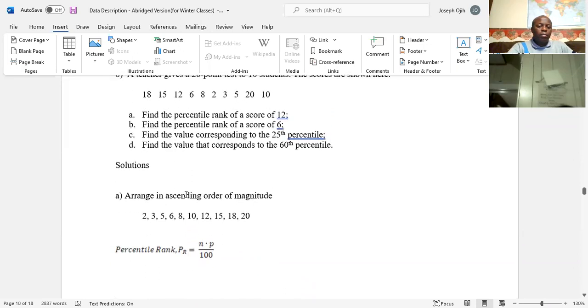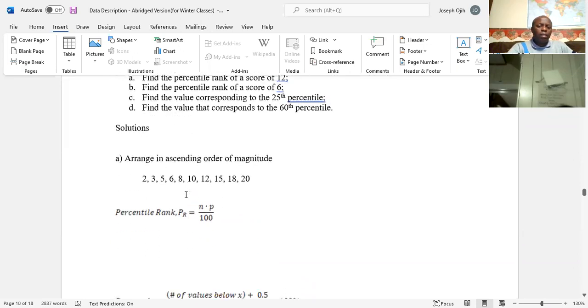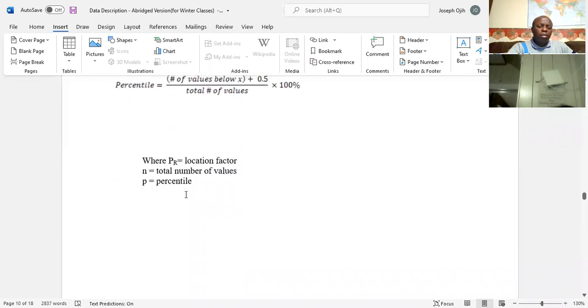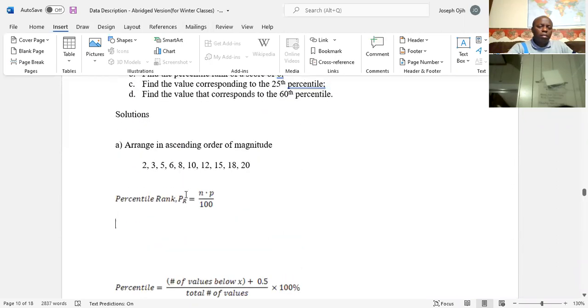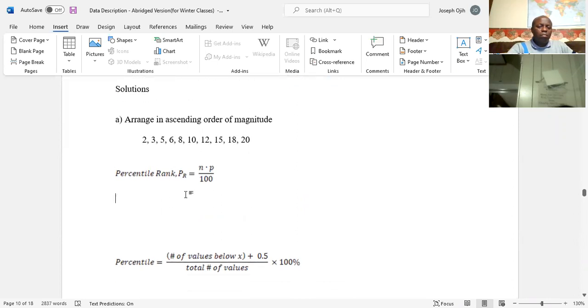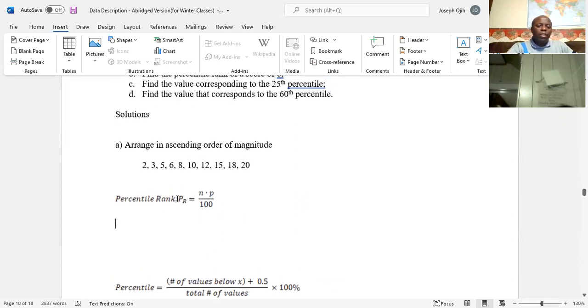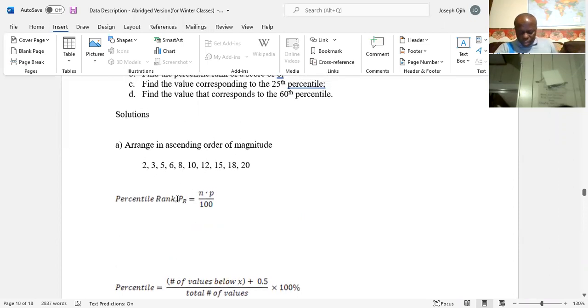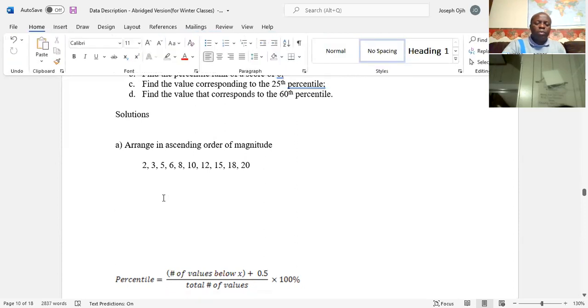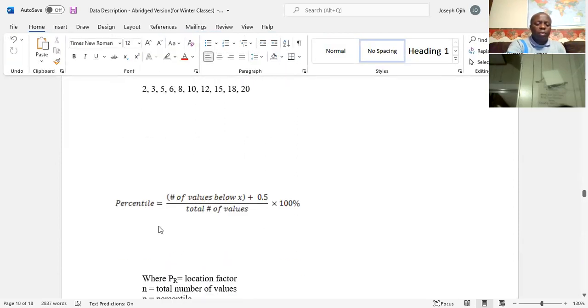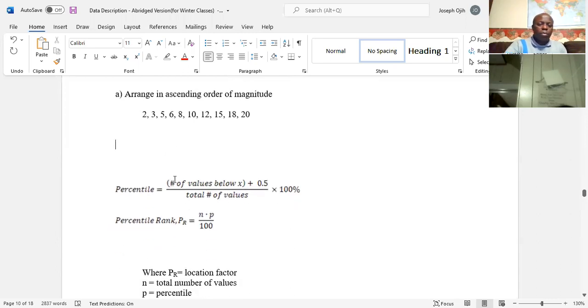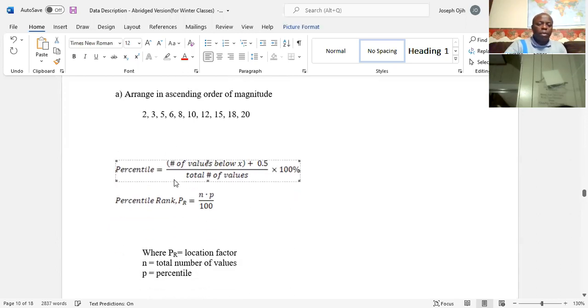Oh, wait, my mistake. We're not going to use this one, because this is not the percentile rank formula. This is the one we're using, the first formula.